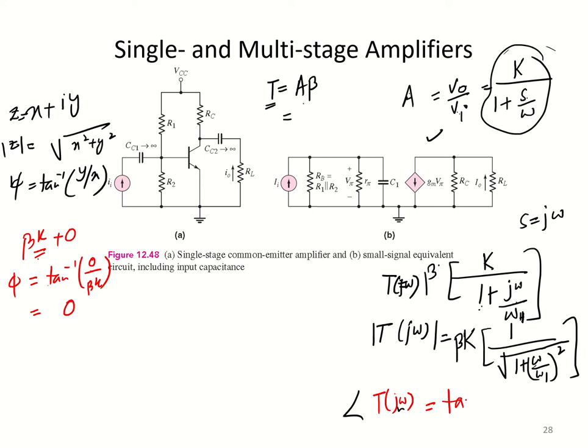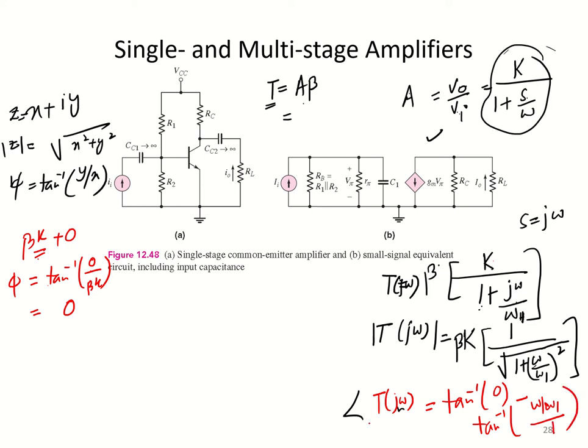So the angle from the numerator is 0, and then we have a negative sign because of the division, with the tangent inverse of this number. Its imaginary part is omega over omega 1 and its real part is 1.